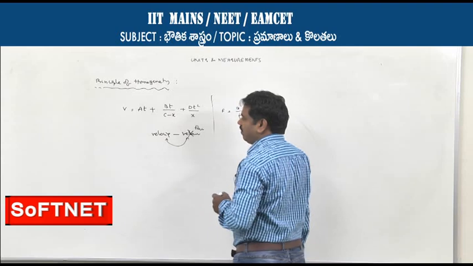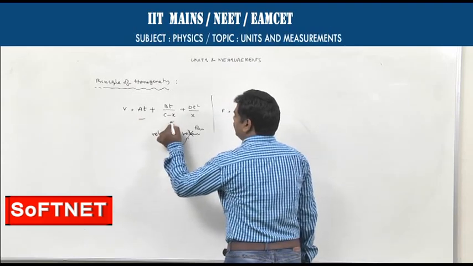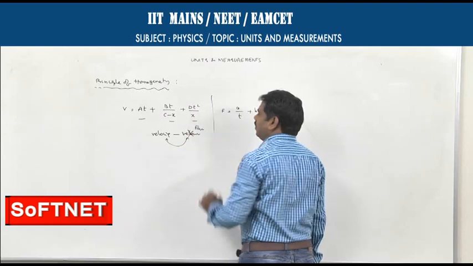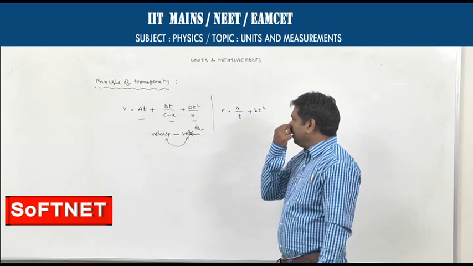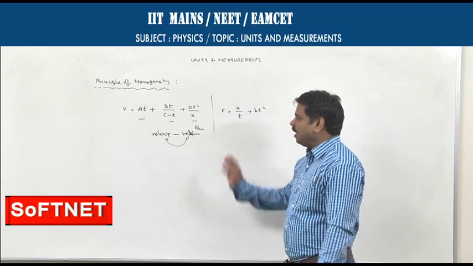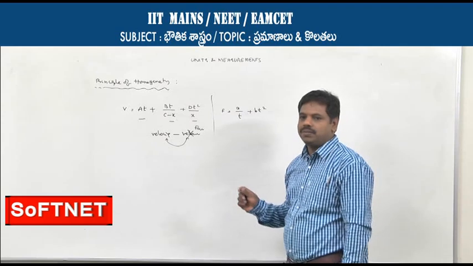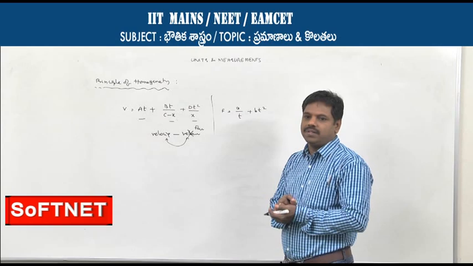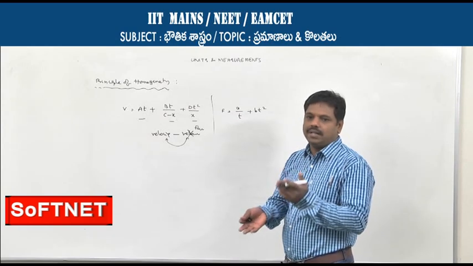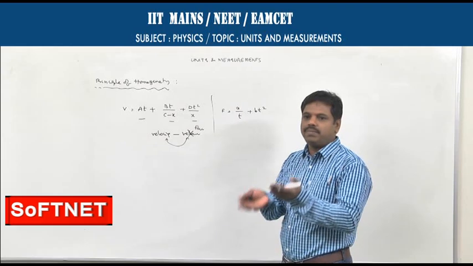For example, on the left hand side velocity is there, and the right hand side is the sum of three terms: at, bt by (c minus x), and dt square by x. As the left hand side is velocity, the right hand side also must be. Why? Because according to the principle of homogeneity, physical quantities having the same dimensions must be equated.